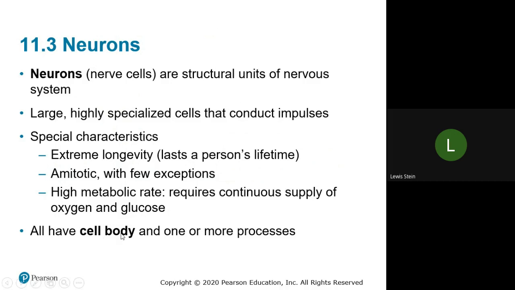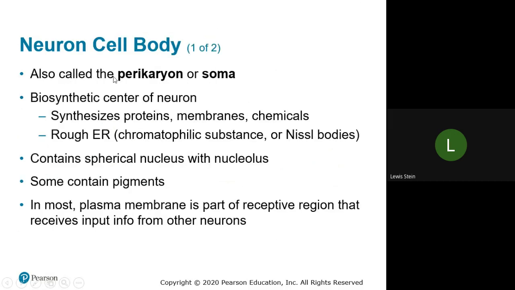All have a cell body, which is effectively where the nucleus is, but we don't use that term because it's used more than once, as you recall from anatomy. They have a cell body and one or more processes, which are either the transmitting or receiving arms. The cell body, by convention, we refer to as the soma, or the perikaryon; cell body does just fine.